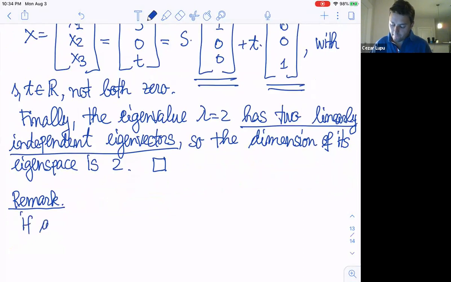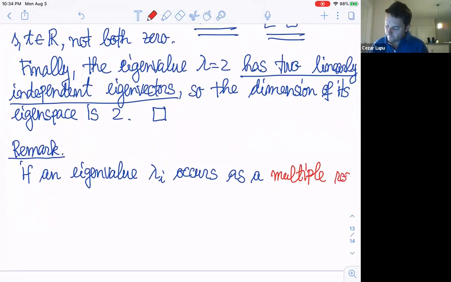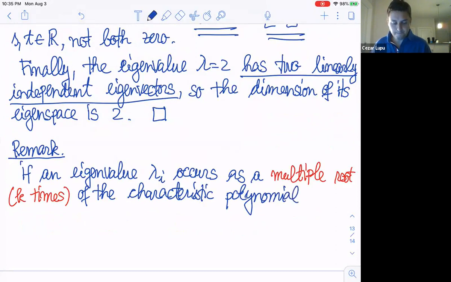If an eigenvalue, let's say lambda I, occurs as a multiple root, and let's just say that this root occurs k times in the characteristic polynomial, okay, right?